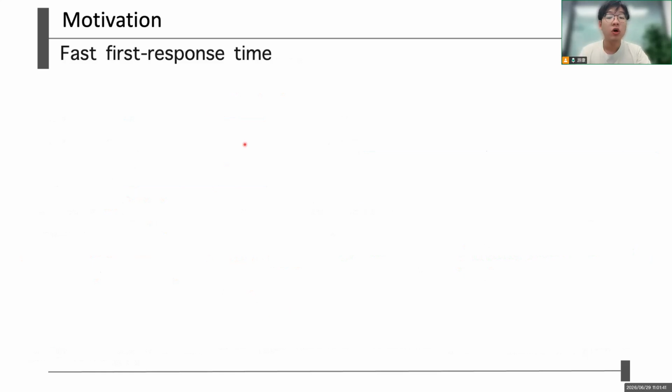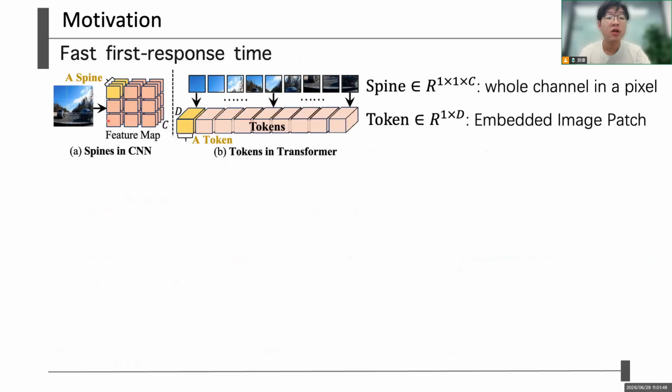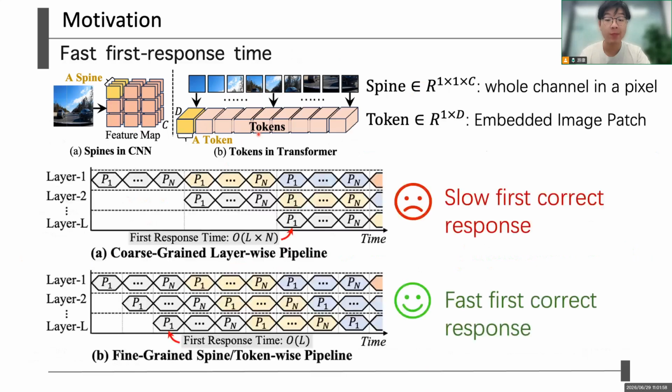Finally, to obtain the first response as soon as possible in elastic inference, a fine-grained pipeline is essential. As shown in the figure, the spikes in CNN and tokens in transformer can be considered as a finer computation grain for a fine-grained pipeline. Therefore, for an SNN with L layers and N tokens or spikes, the temporal complexity of the first response time in a layer-wise pipeline is O(L multiply N).